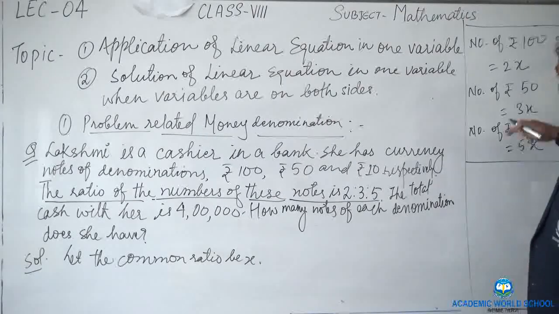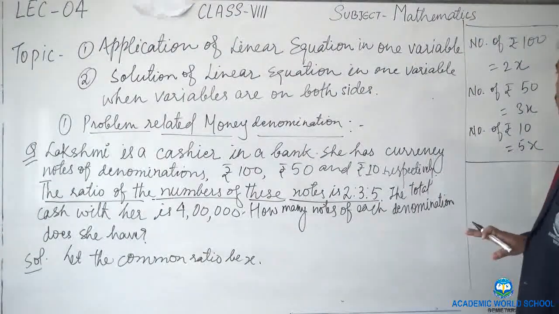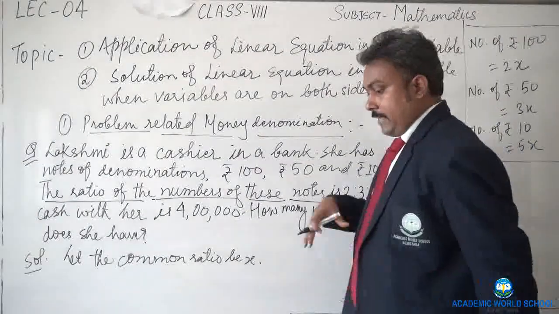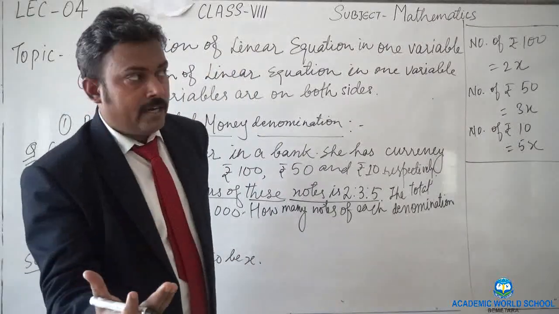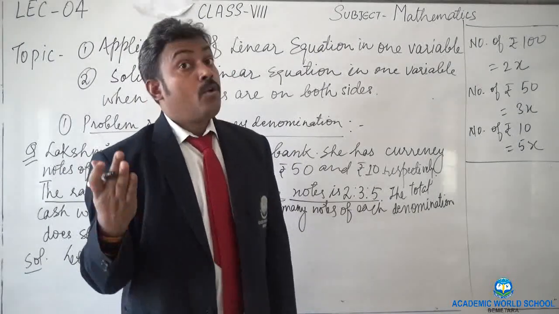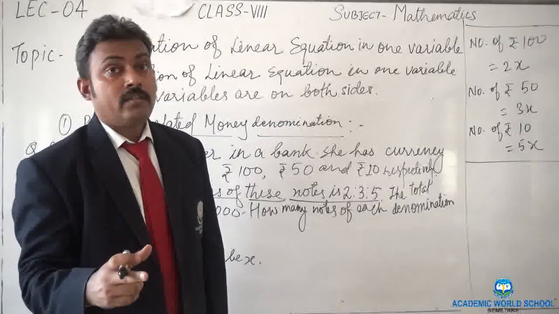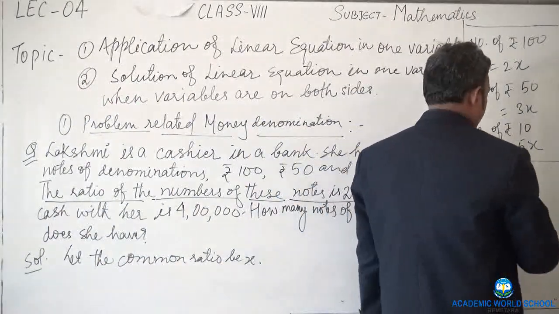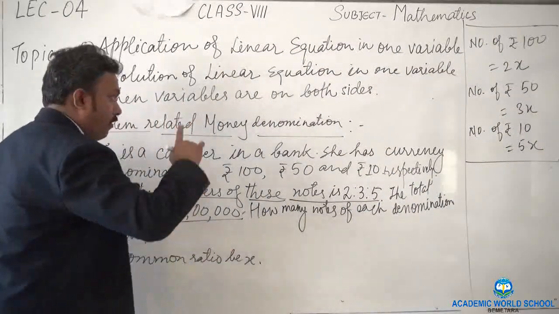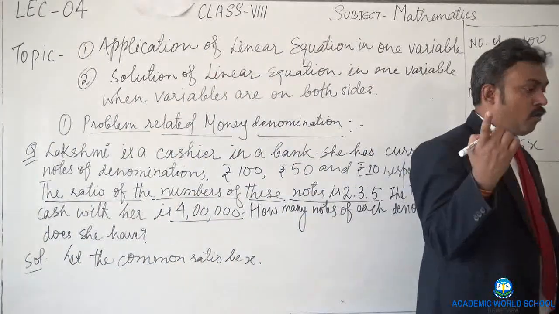Now if we add all this, 2x, 3x and 5x, this one we have got as numbers. Remember, how many 100 rupee notes are there, how many 50 rupee notes are there, and how many 10 rupee notes are there. Now with the help of that we have to get the value of those notes, because in this condition the total value is given, which is 4 lakh.